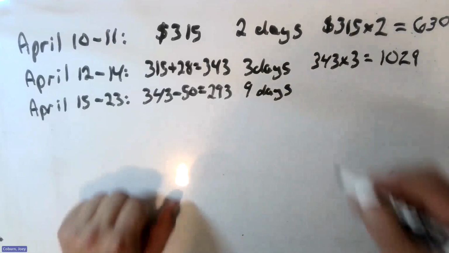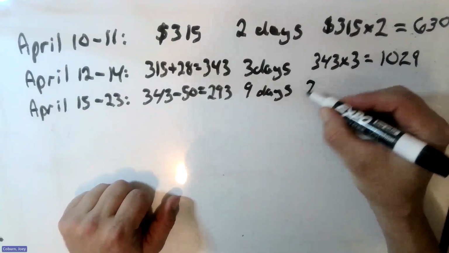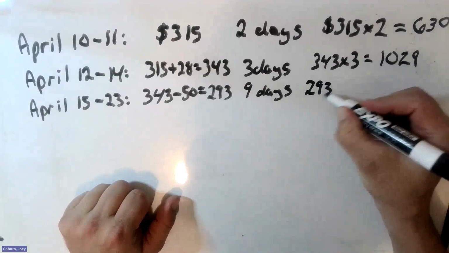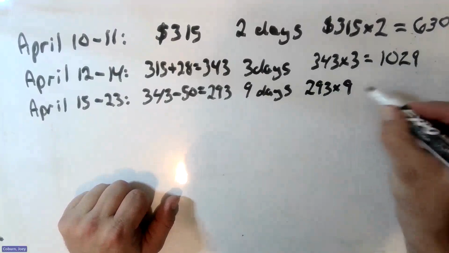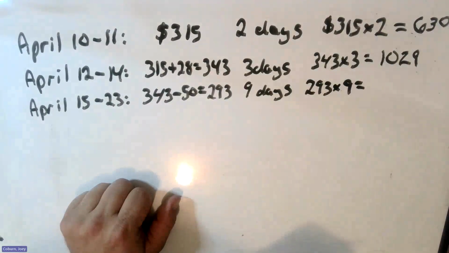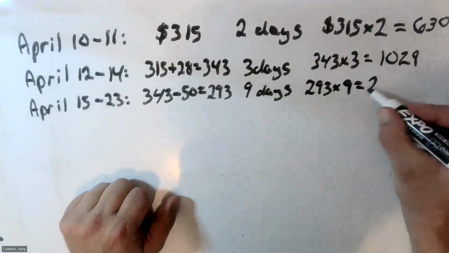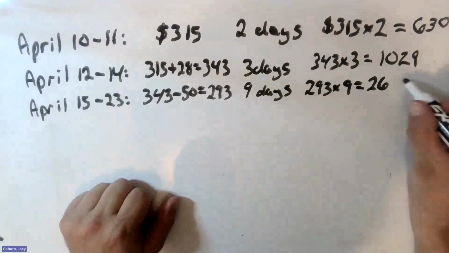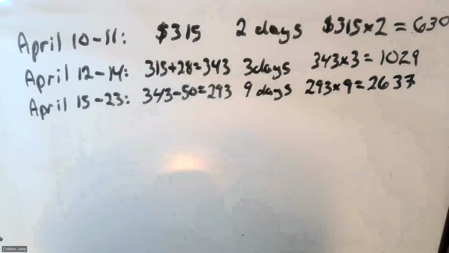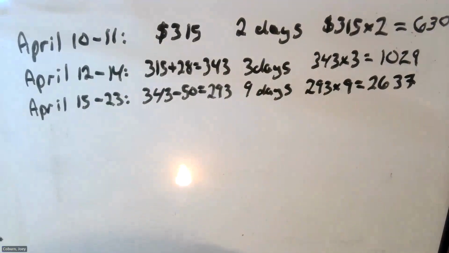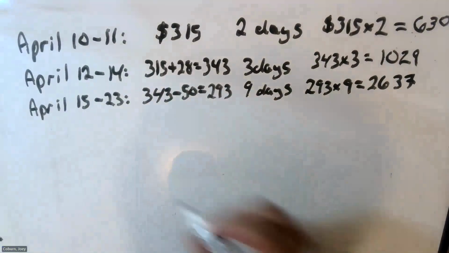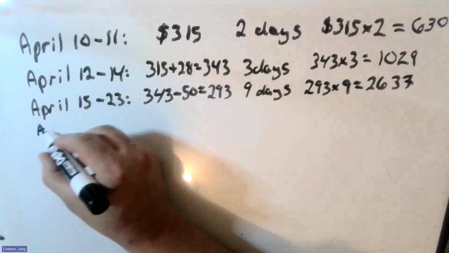On the 24th is when things are going to change. But we'll take our 293 times 9, and that's going to give us 2637. And then lastly, on the 24th, there's a change.